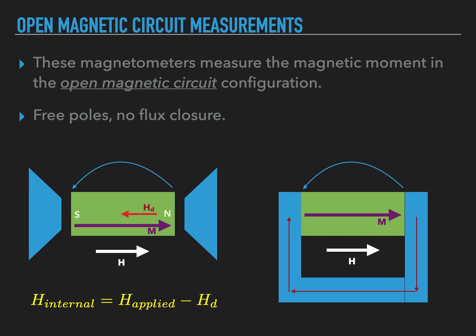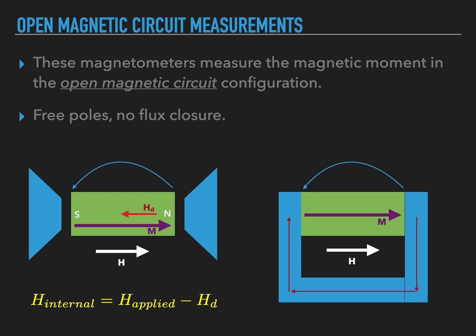The effect is that on the faces of the sample in the open magnetic circuit configuration, you have the development of magnetic poles. This means that the sample is immersed in the applied magnetic field, and that is the field that you measure with, for example, the Hall probe of your magnetometer. But the magnetic field that actually magnetizes the sample inside is not the applied magnetic field, it is the applied magnetic field plus the so-called demagnetizing field.